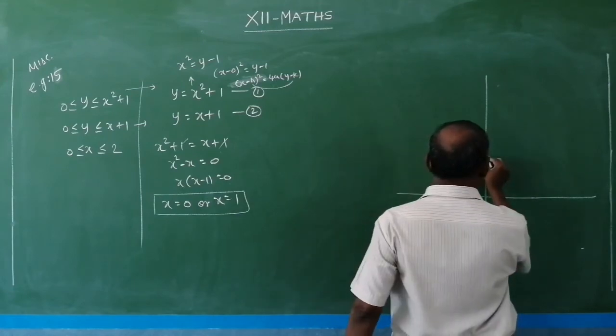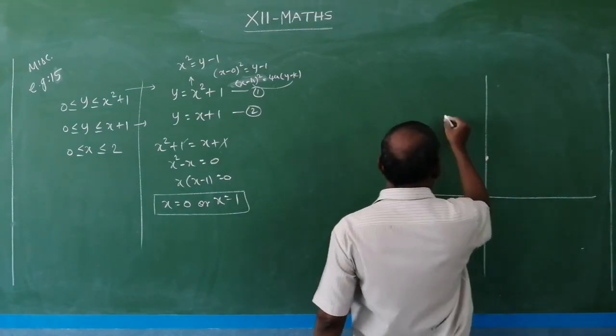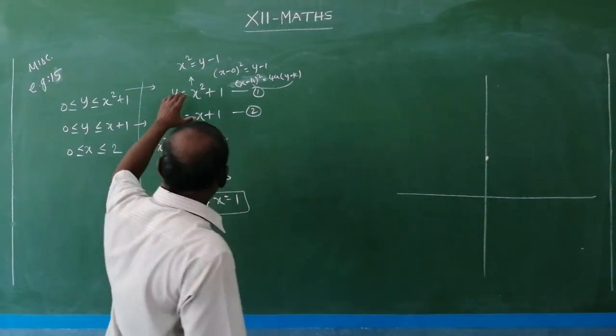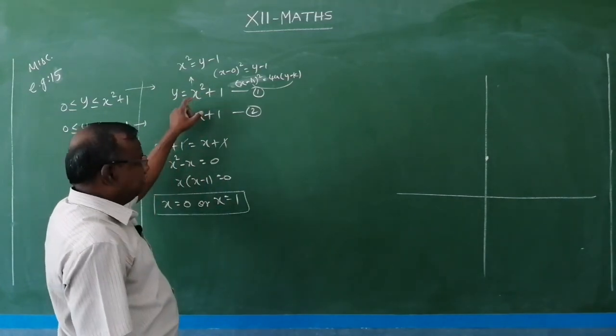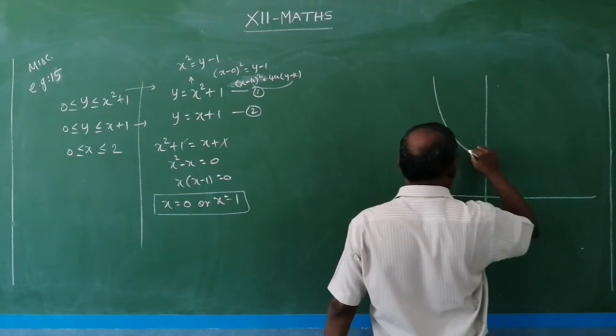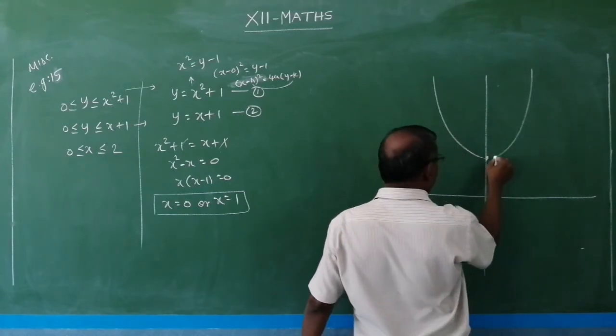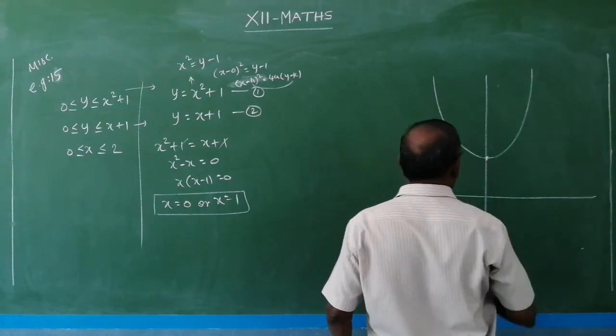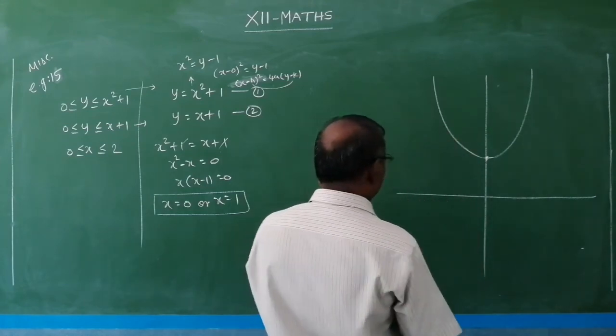So (0, 1) is the vertex of the parabola, and since it is a quadratic equation, the parabola opens upward.